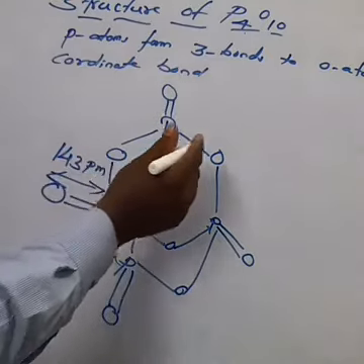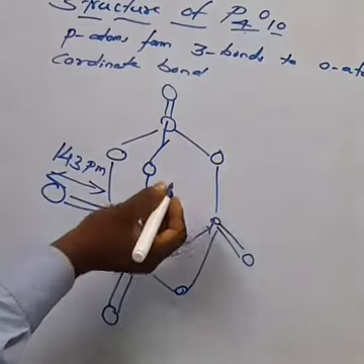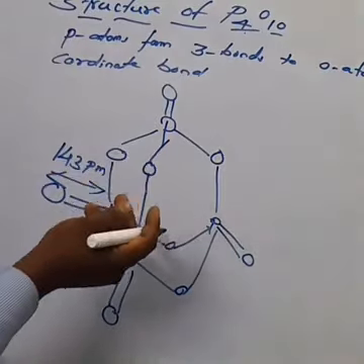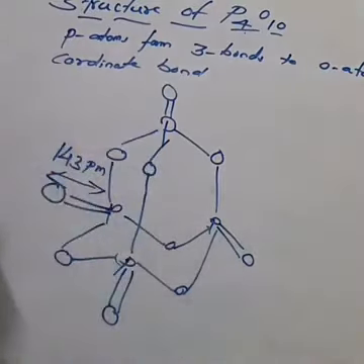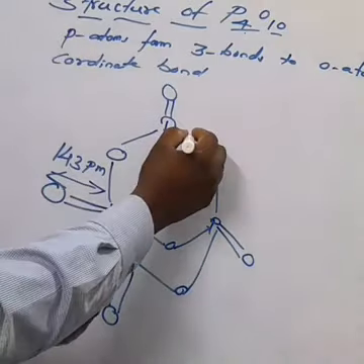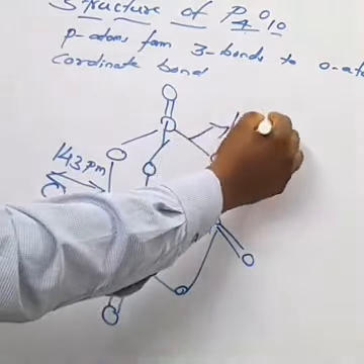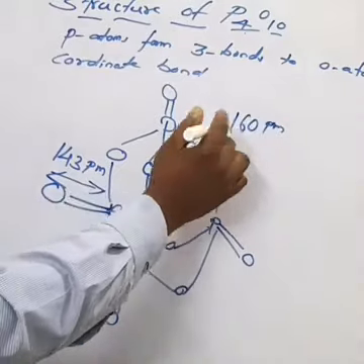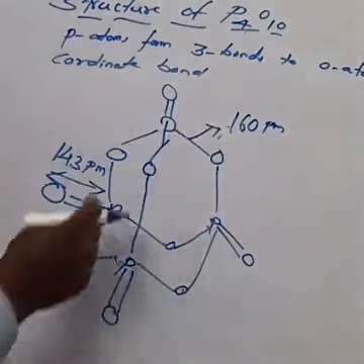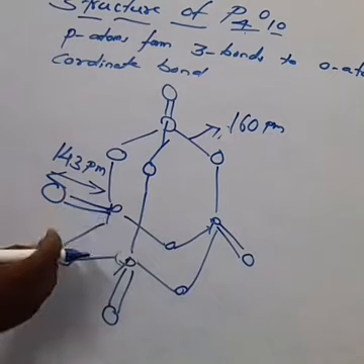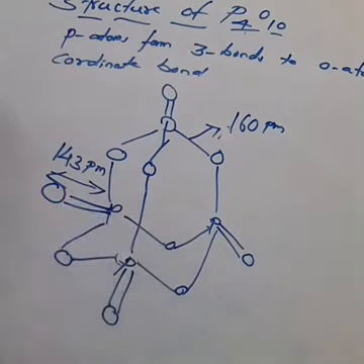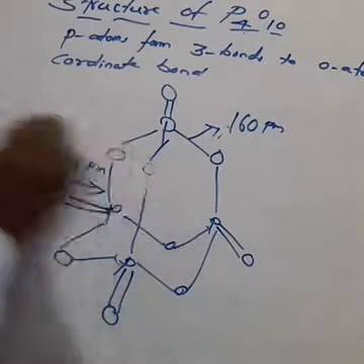This value, 143, is very low compared to the single bond distance expected. This may be explained by the lateral overlap of the filled p orbital of an oxygen atom with the empty d orbital of phosphorus.